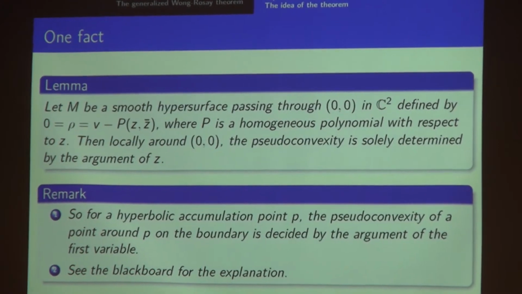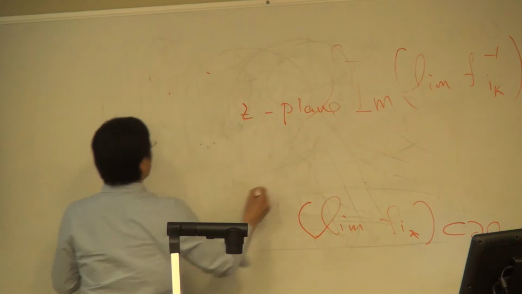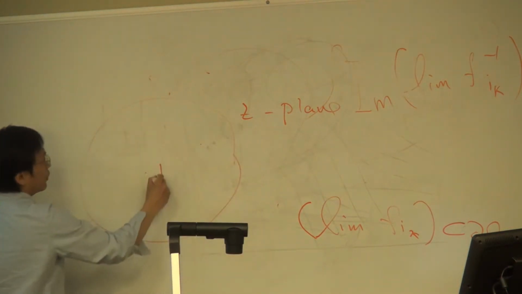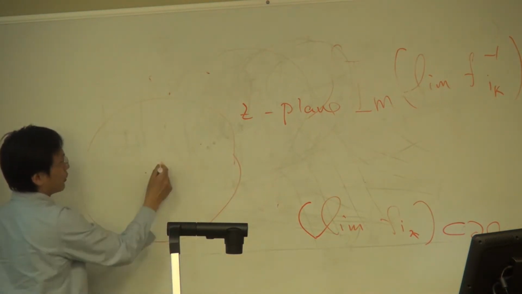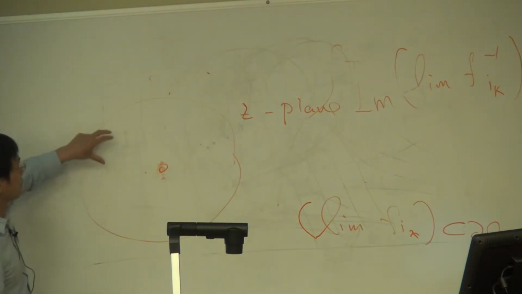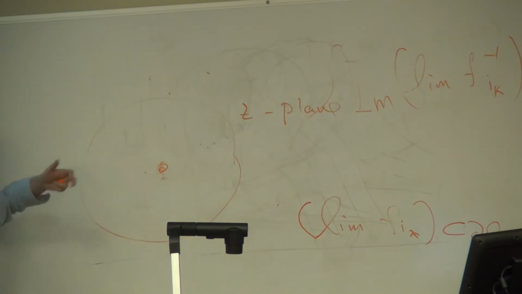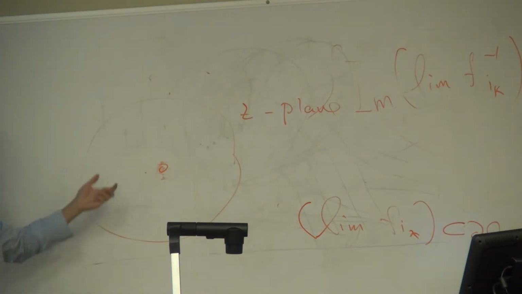By the way, I cannot draw a graph in C2, I can just draw a graph in the Z-plane. Consider our board as the Z-plane, and this is locally around P, and I also call P 0. What this means is the projection of your boundary onto the Z-plane, okay?